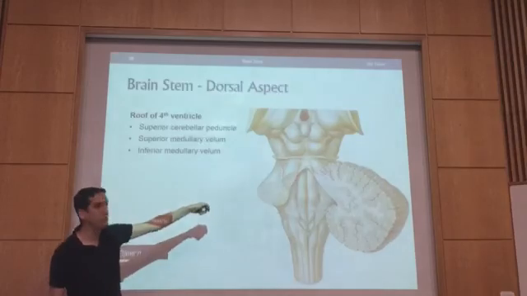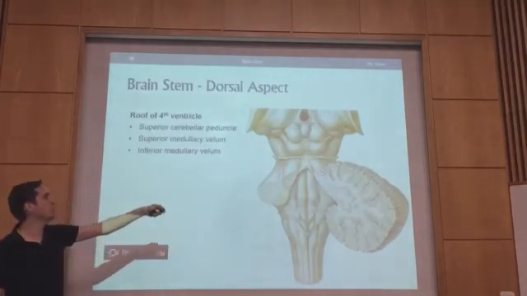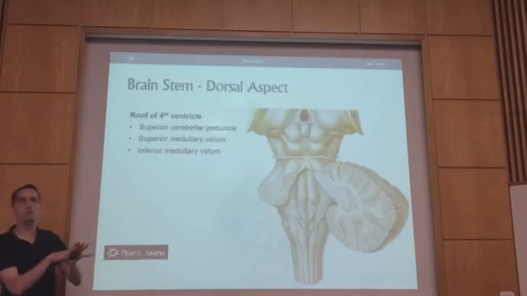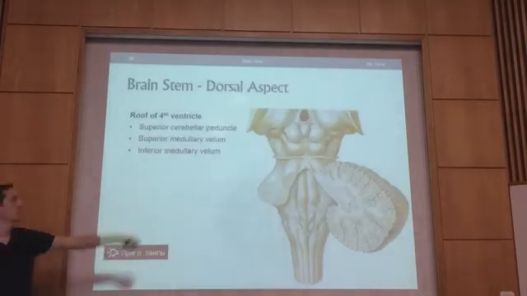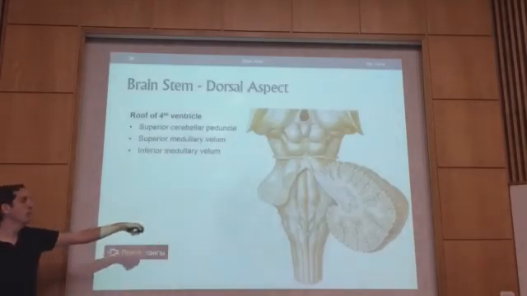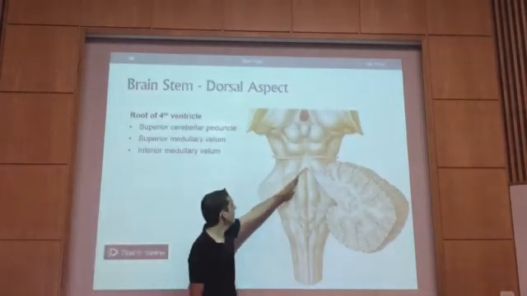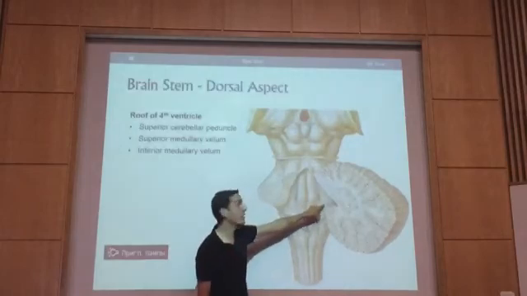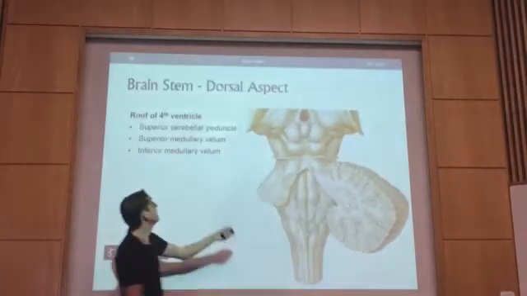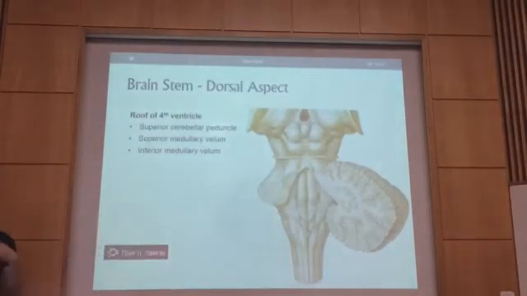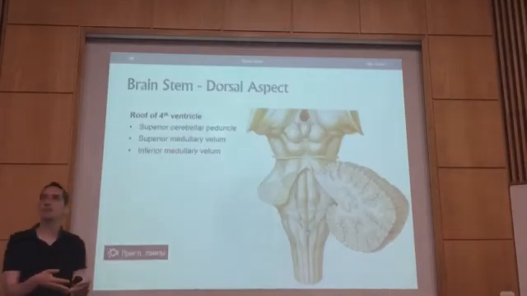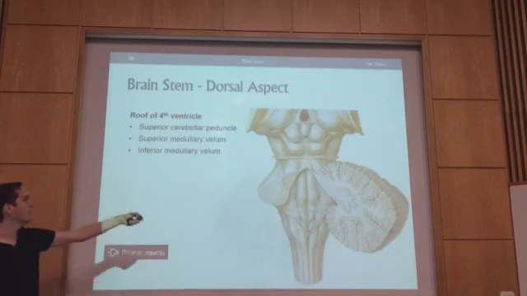Between the two superior cerebellar peduncles, there's like a curtain, the superior medullary velum. If the cerebellum was intact, you would see that the velum covers the entire pontine triangle. The superior medullary velum serves as the roof of the fourth ventricle in the pontine triangle.